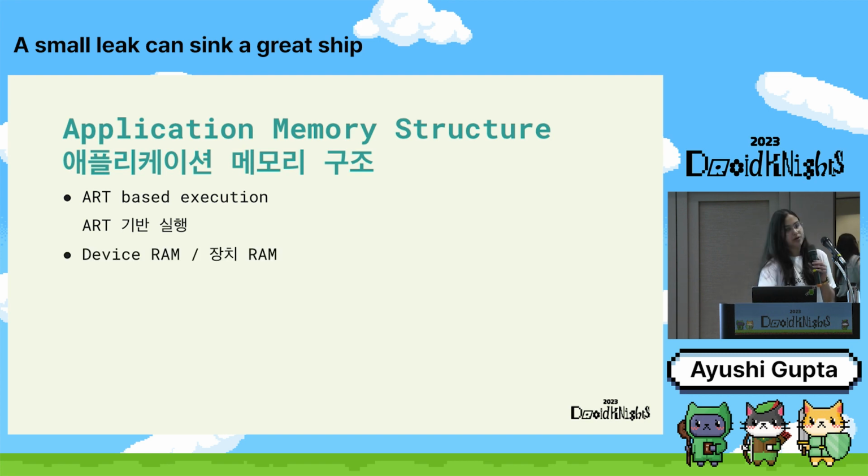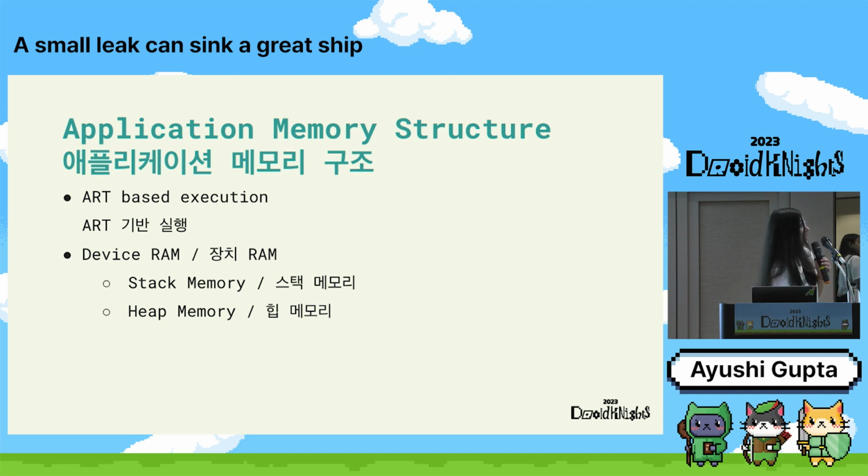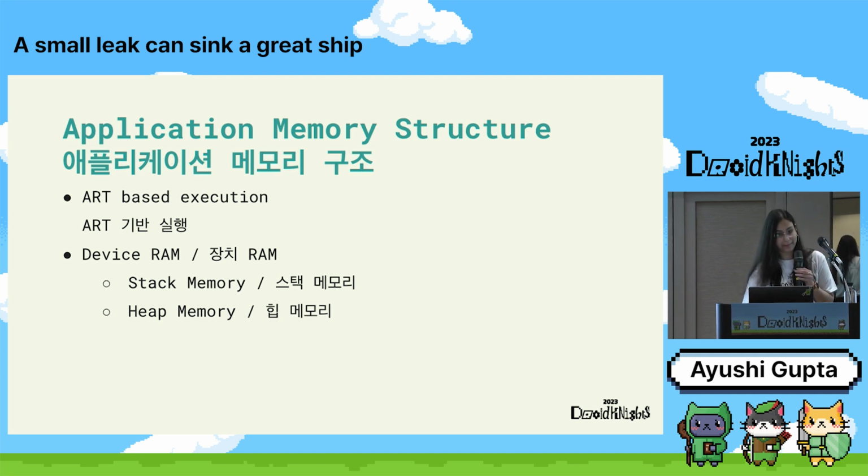If you look deeper, ART uses two separate memory spaces to store running application and its data. These memory spaces are stack memory and heap memory, and they combiningly form a major chunk of your device RAM.